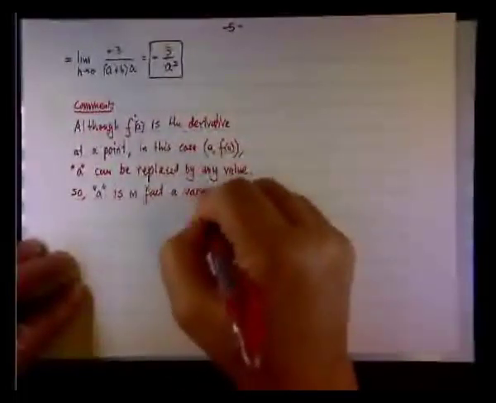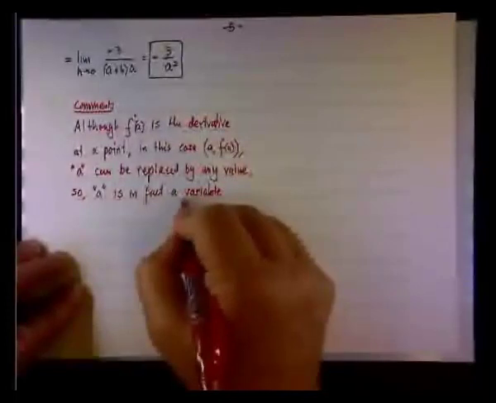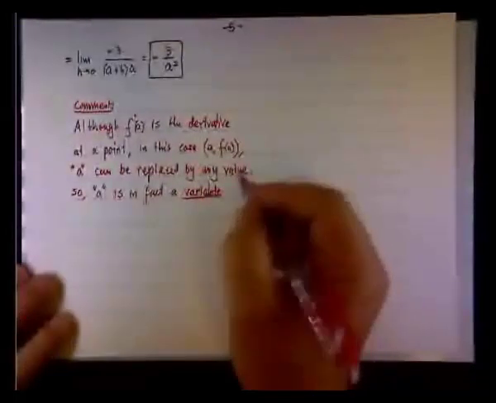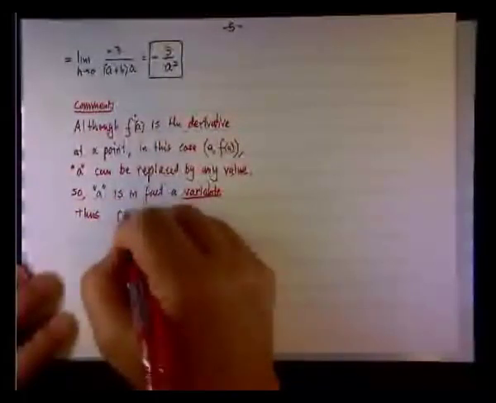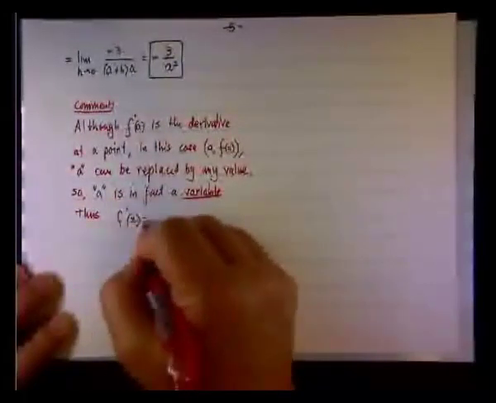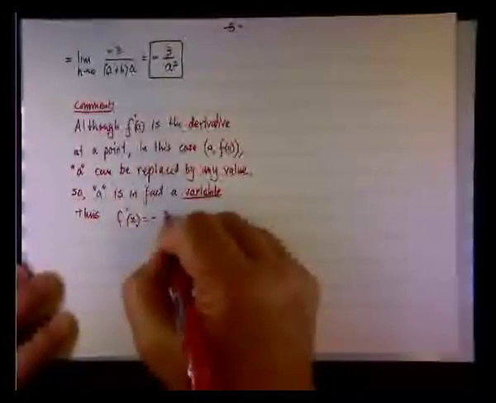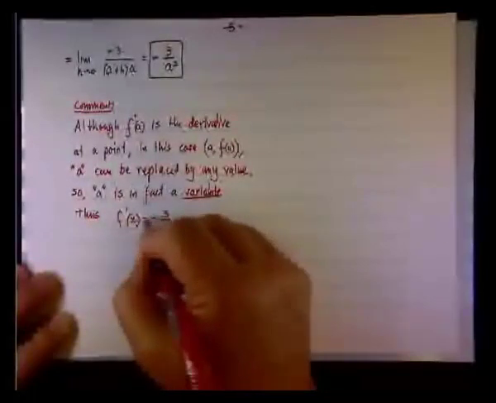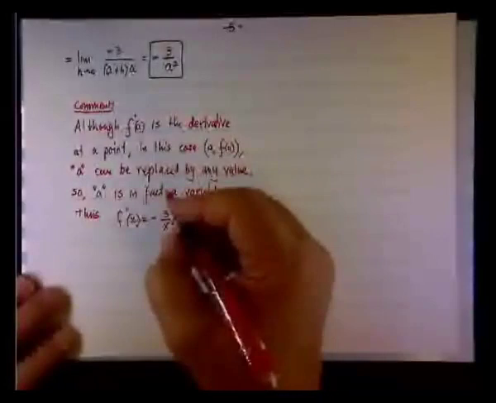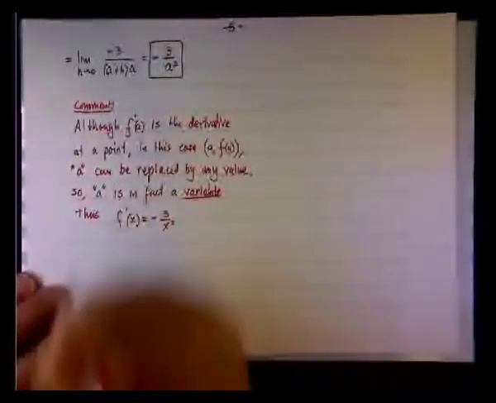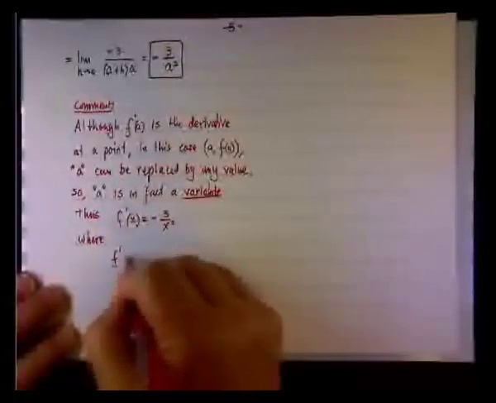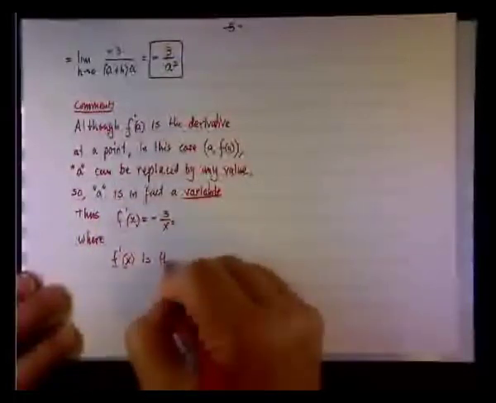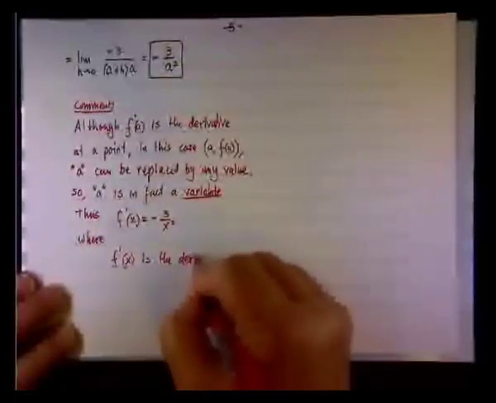So we can say that instead of a, we're going to replace it, f prime of x will be negative 3 over x squared for a generic value of x, where f prime of x is the derivative function.